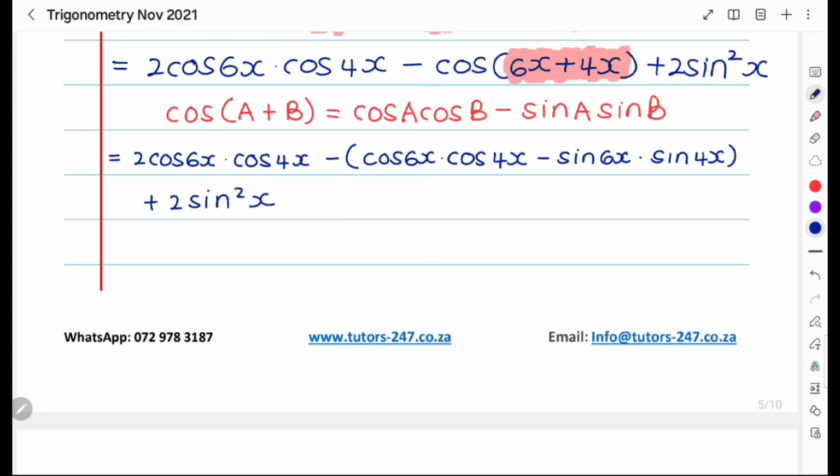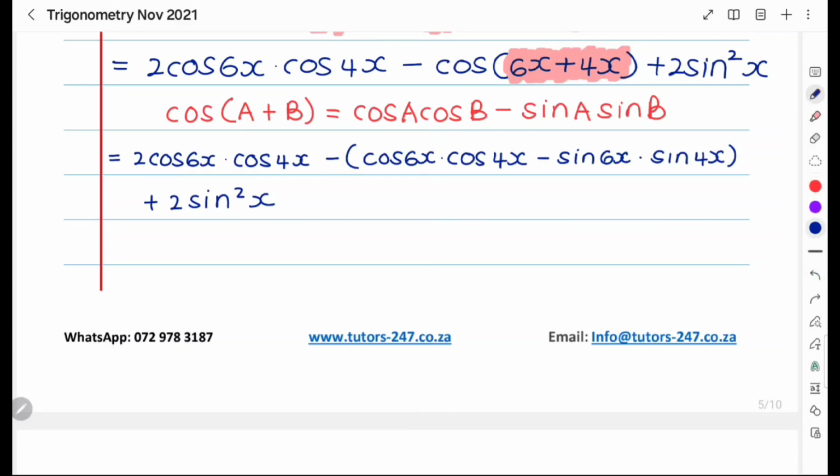From here, we are going to distribute the negative into the bracket. So negative times this positive cos 6x cos 4x, and then negative times this negative sine 6x sine 4x.